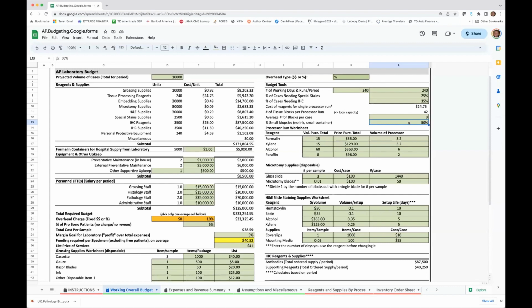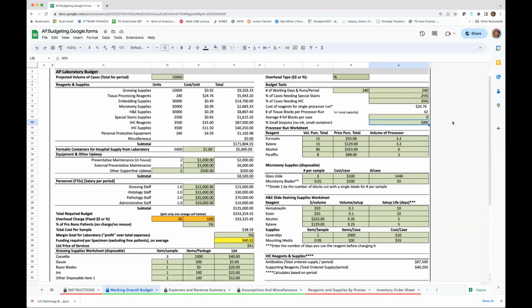But if you are a typical lab, you may get half the things you get are small biopsies and the other half are large. And then you could be in a situation where you only take in small biopsies because you're a regional lab, et cetera. And in that case, the number will be 100%. And why is that important? Because if it's a small biopsy, you're not going to use ink, and you may need to supply containers to the hospital. And we'll talk about that in a second.